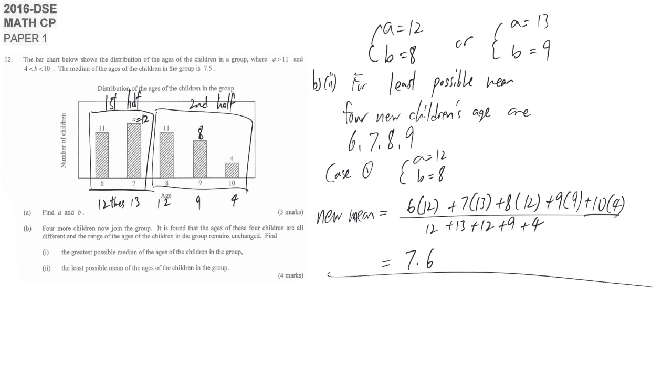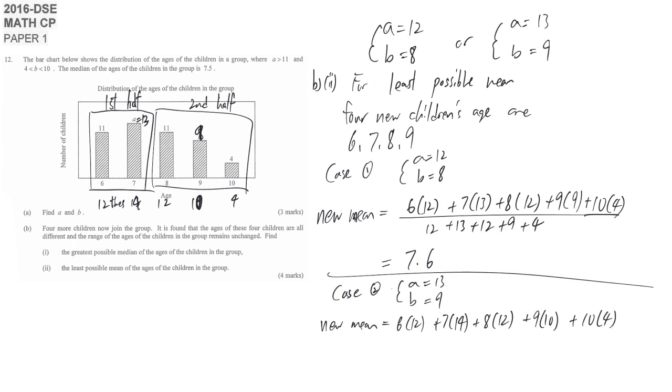We finish one case, and we are going to repeat the same thing for the other case. If A is equal to 13, B is equal to 9, so 7 appears 14 times, 9 appears 10 times after we add 4 new children. So 6 appears 12 times, 7 appears 14 times in this case, 8 appears 12 times, 9 appears 10 times, 10 appears 4 times.